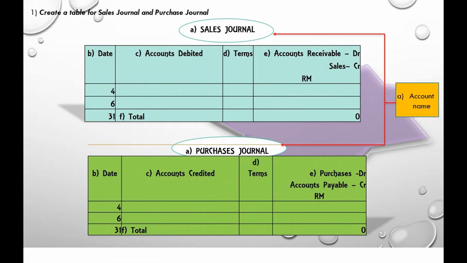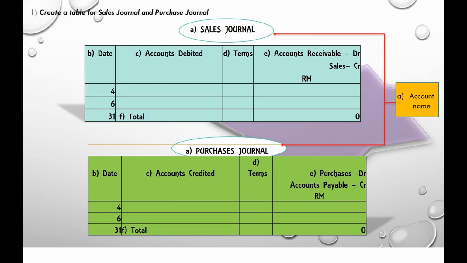Sales journal and purchases journal. First step, draw a 4-column table. Second step, fill in the table with date, accounts debited for sales journal, accounts credited for purchases journal, terms, and name of accounts.